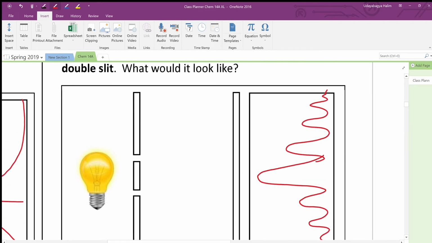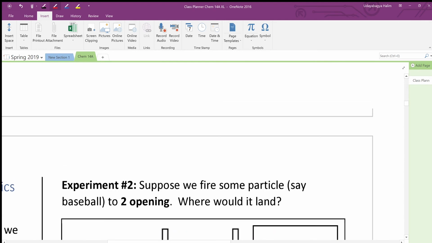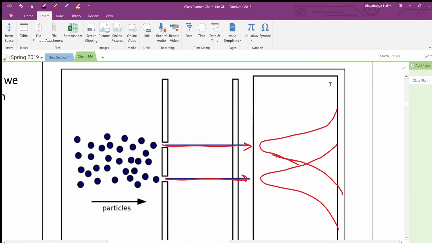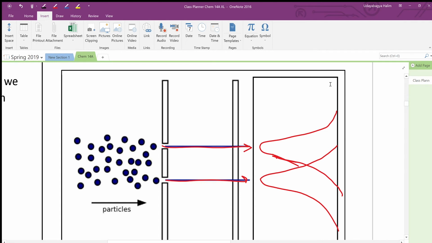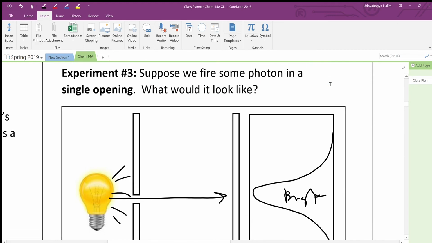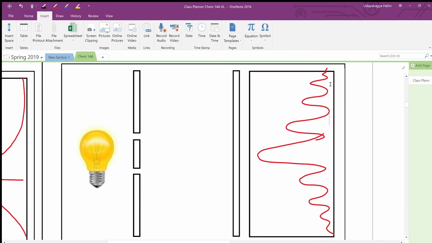If you have a regular particle like a baseball, this is what you expect to see: only two distributions, and the intensity is highest right in front of the openings. But when you do this with light, the observation looks like this. It doesn't do it justice, but there's a bright spot, then a dark spot, then a bright spot, and another dark spot, and so on. It essentially makes this oscillation.